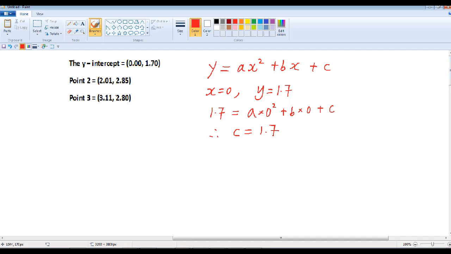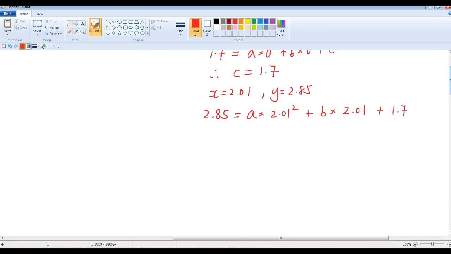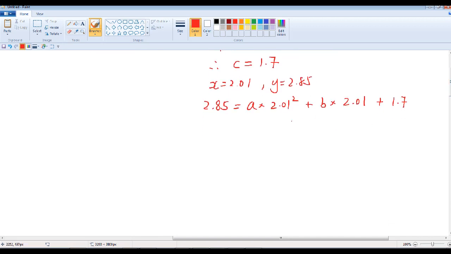Right, so let's do the other point, 2.85. What you need to do is to put this with this one. Right now c is 1.7. So you want to simplify this a little bit.